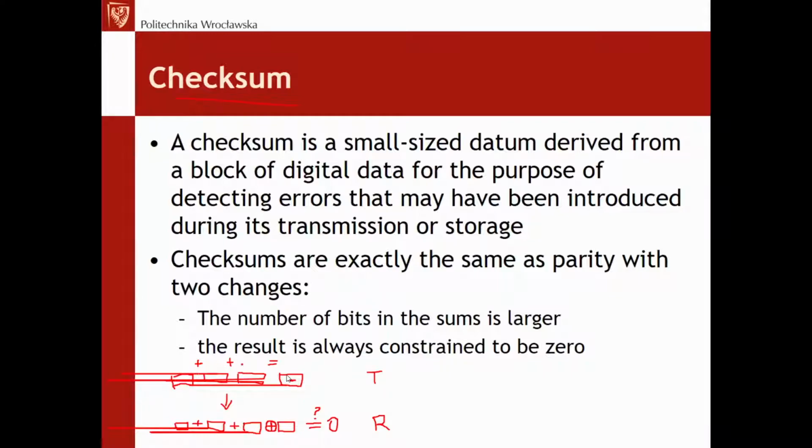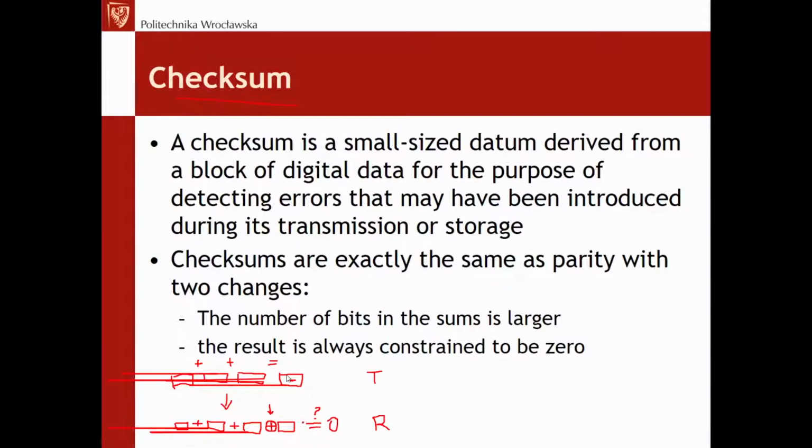We use simple binary operations to generate the checksum, and checking is again very easy and very fast, because we are just making simple arithmetic operations of adding and XORing. This is a very basic operation as well.